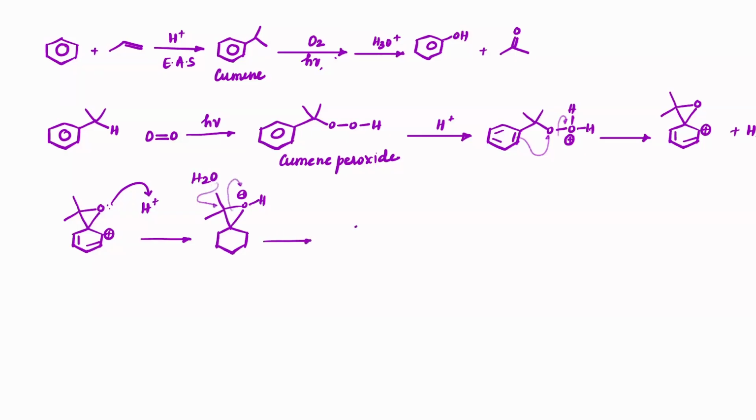So what do we get? We will have a double bond and plus here. And then we will have this as a bond with O and H here. OH and OH here.